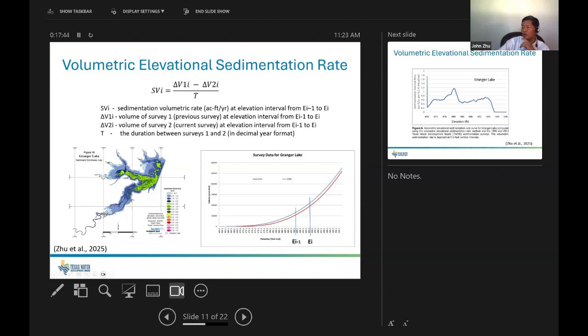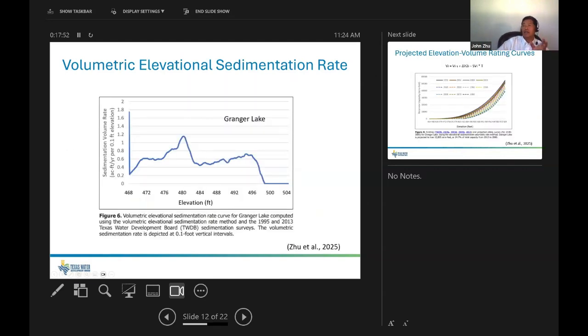So we compute the sediment volume for each elevation interval. So we got what I call the sedimentation rate curve, but it is a volumetric rating curve. You can see that for each 0.1 feet elevation, the sediment volume looks like this.